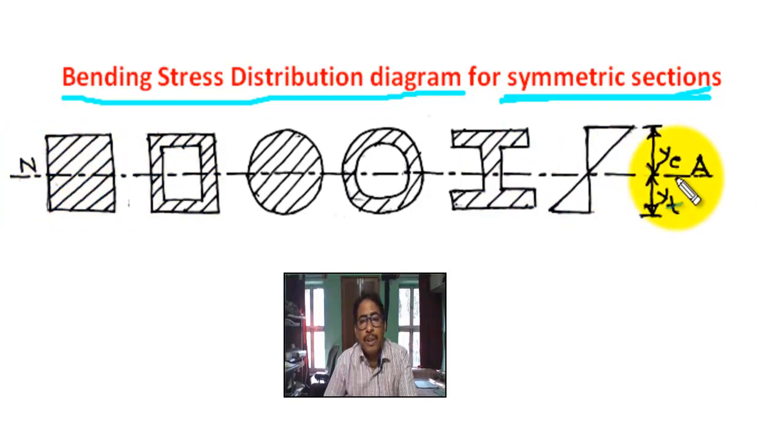From the neutral axis, as distance increases, compressive stress also increases. At the topmost layer it is maximum. Below NA, as distance increases gradually, tensile stress also increases gradually. At the bottommost layer, tensile stress is maximum.